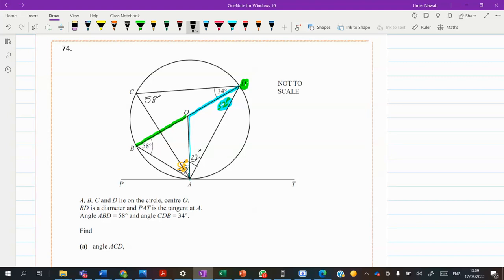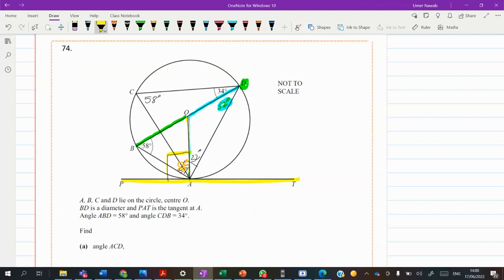Okay. What else is needed? I think I found every angle. Since this is 90 degrees also, because the tangent and the radius are making 90 degrees with each other, the total is 90, and I want to subtract 58 from it. Or what I can do now, because 32 is found, 58 is found.